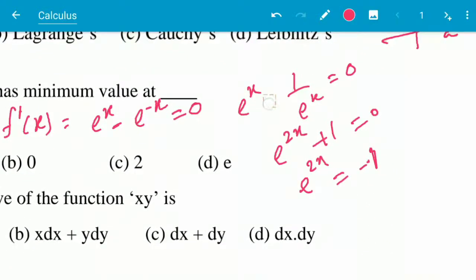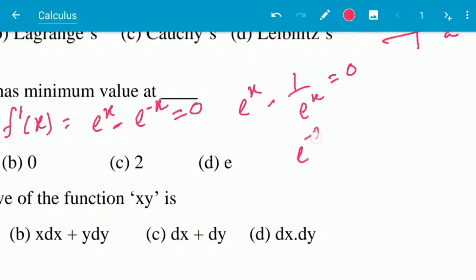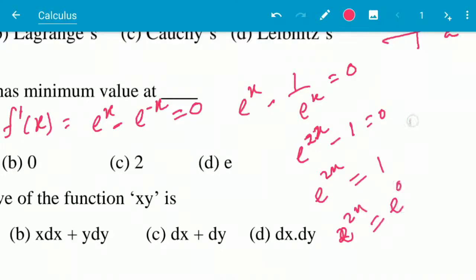The whole term is e to the power 2x minus 1 is equal to 0, and e to the power 2x is equal to 1, and e to the power 2x is equal to e to the power 0, and x is equal to 0 here.